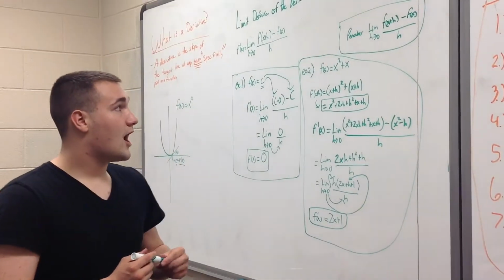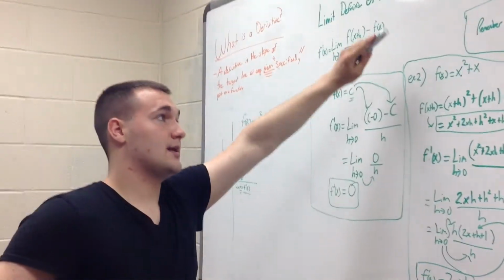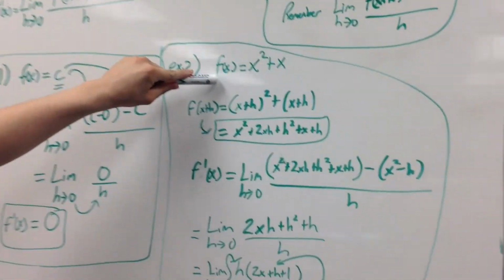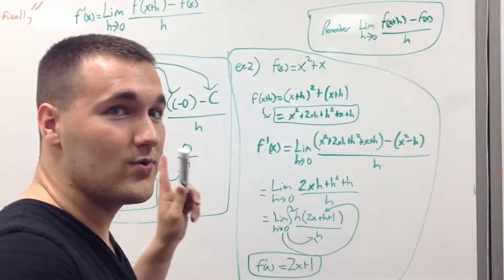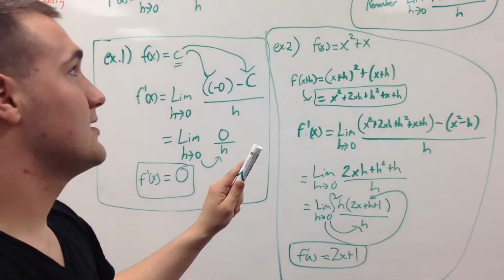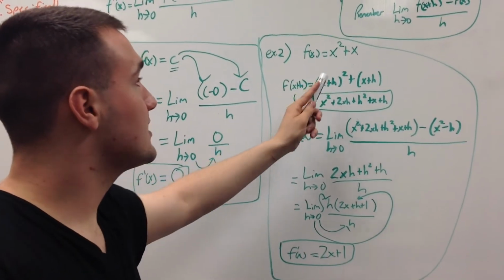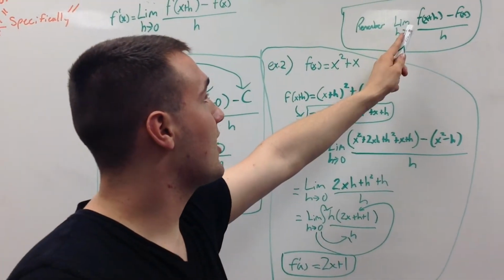Here's a little more complicated one, where we don't just have a constant, we have some variables involved. We're going to plug that in, but hold on, we can't just plug it in. That's a whole function, so we can't just plug it in for where x is.